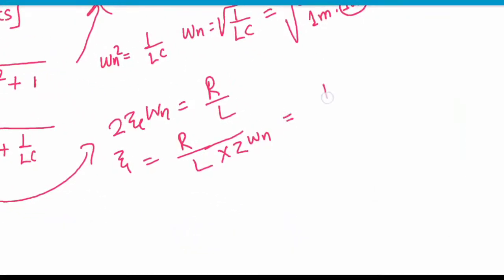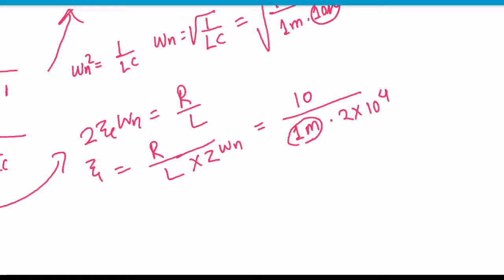R is 10 by L is 1 milli, which is 10 to the power minus 3, and 2 into omega n, which is 10 to the power 4. So this will be 10, and this will be coming to be equal to half.